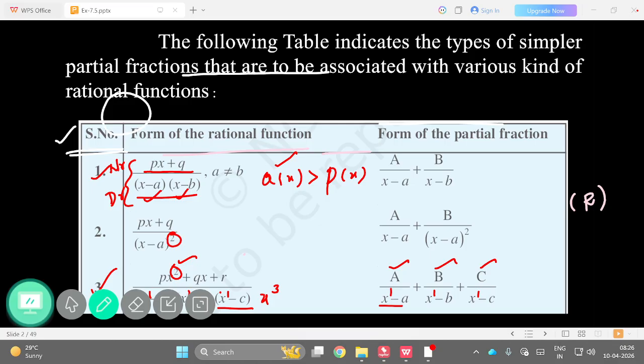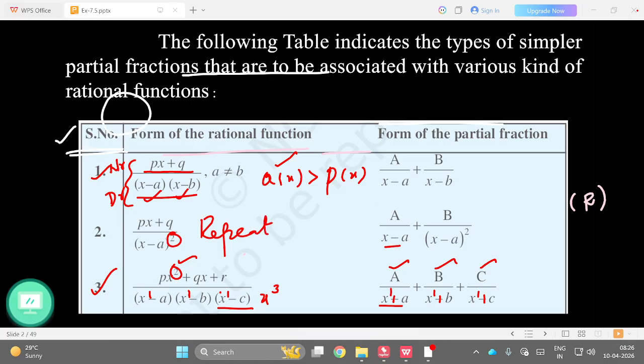It may be x minus a or x plus a; it is not necessary to be plus or minus, but the concept is that the denominator has different factors. The first and third cases are probably the same, and the second case is repeated factors, repeated in the denominator.